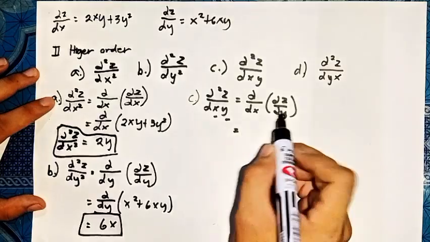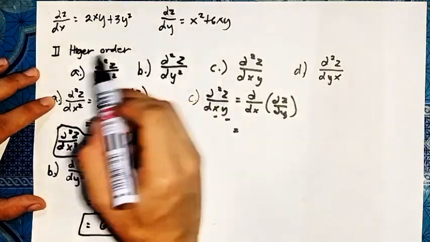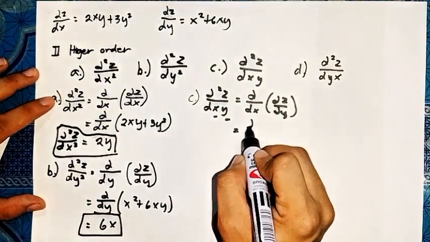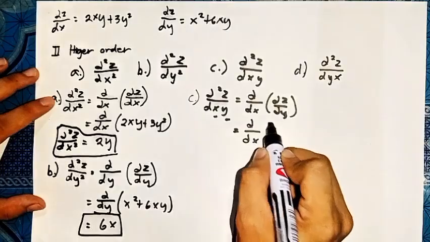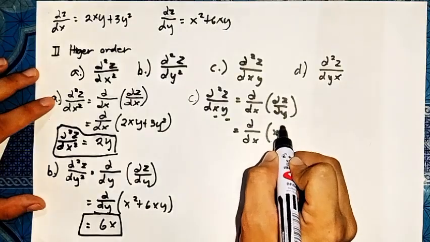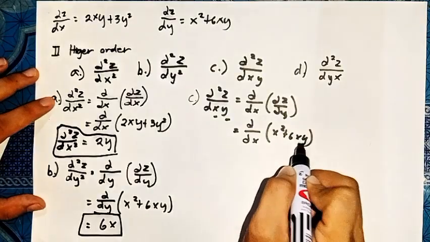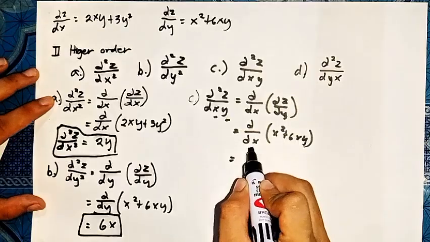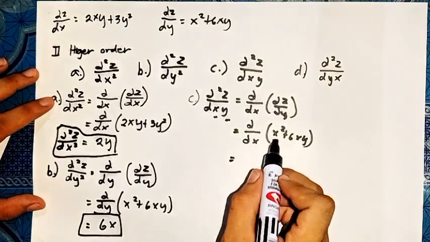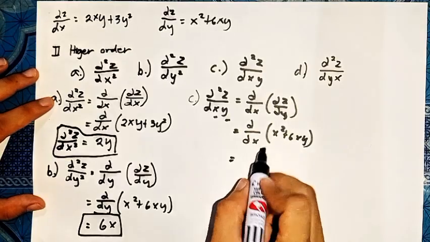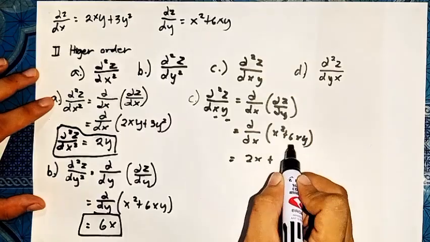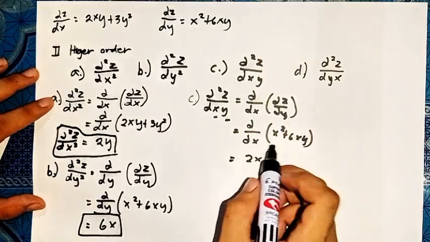Again, we have partial z over partial y, so we can easily copy that one: x squared plus 6xy. We will derive it again with respect to x. So the derivative of x squared with respect to x is 2x, plus the derivative of 6xy with respect to x.